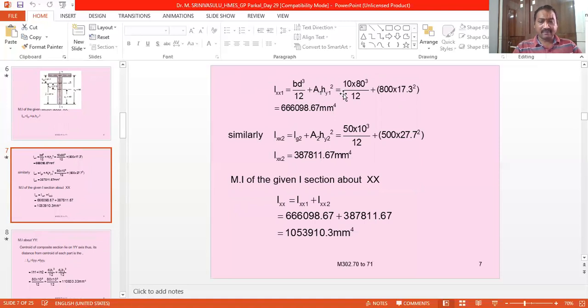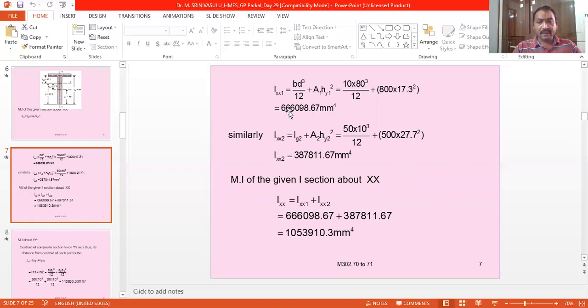Here B is 10 and D is the height 80, and the area and hy1 we know. By substituting the values, we got 66098.67 mm4 as the Ixx1 value.